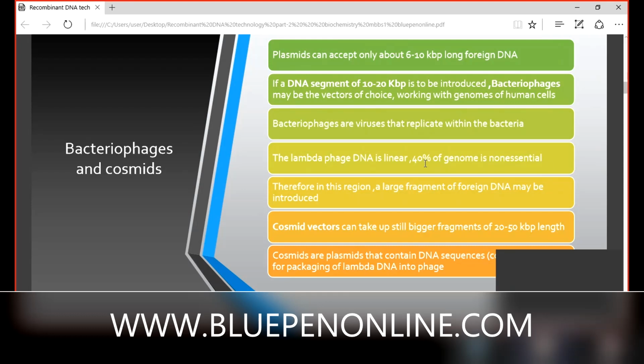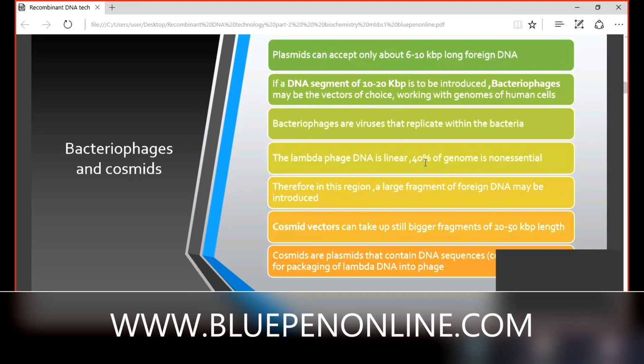They have the capacity to accept 6 to 10 kilobase pairs of foreign DNA. They can also be used for antibiotic resistance.